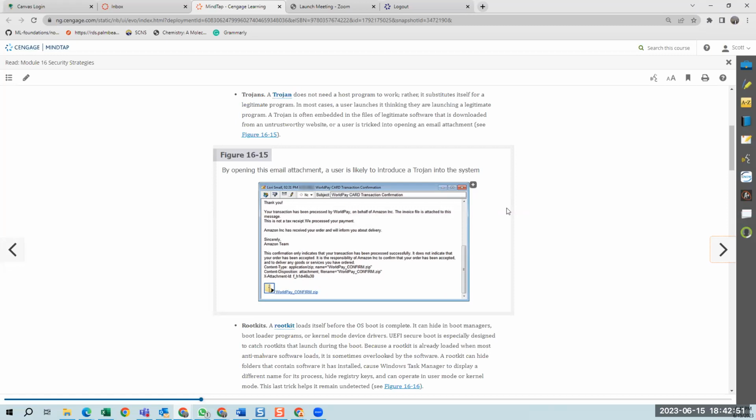So if somebody installed this software, this Trojan on your machine, and it went in and attacked your root, it attacked the boot itself, your ability to start this machine up.